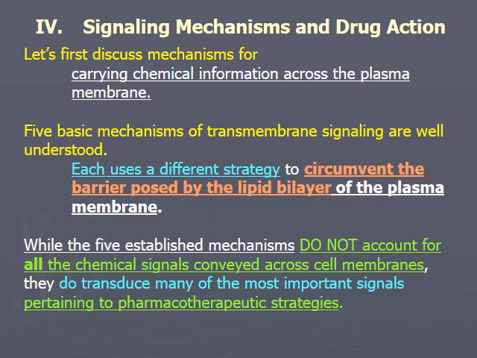Now, again, for each of these signaling pathways that we'll talk about, it's really based on getting into the cell, if the receptor is in, or being able to approach the cell if the receptor is on the surface. So that lipid bilayer in the membrane of the plasma membrane is a big barrier.